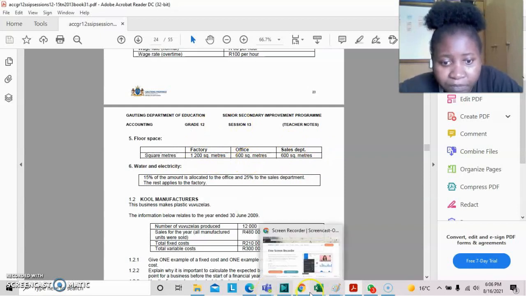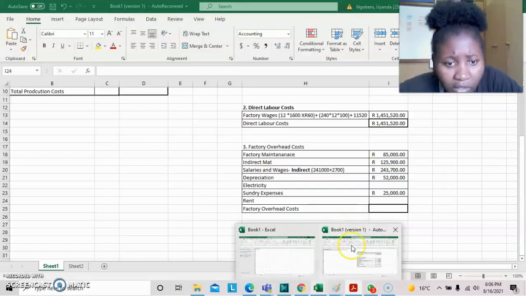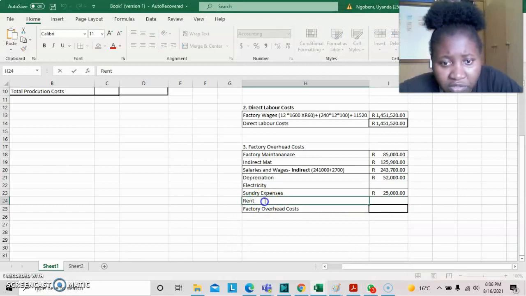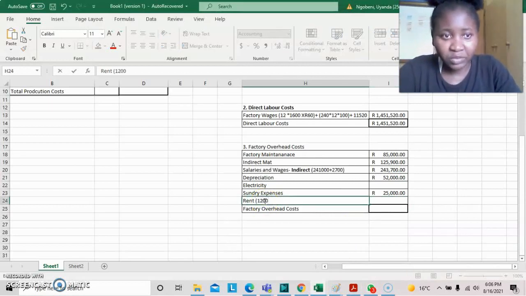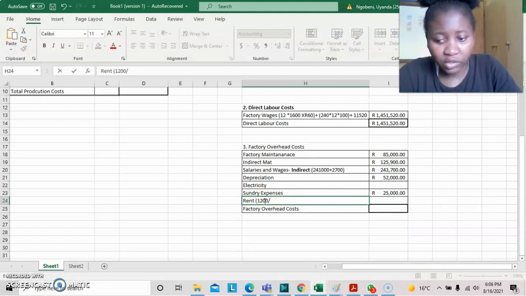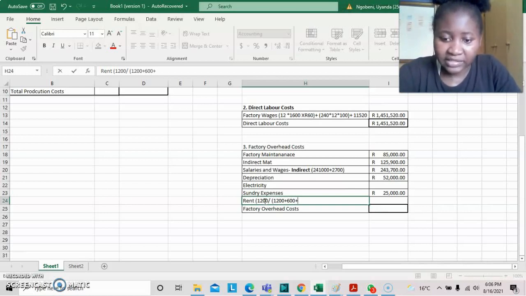So for rent, it's going to be like this. We say the factory, which is what we're looking for. In terms of our calculation, it's always going to be at the top and then divided by all of them. So 1,200 plus 600 plus another 600.